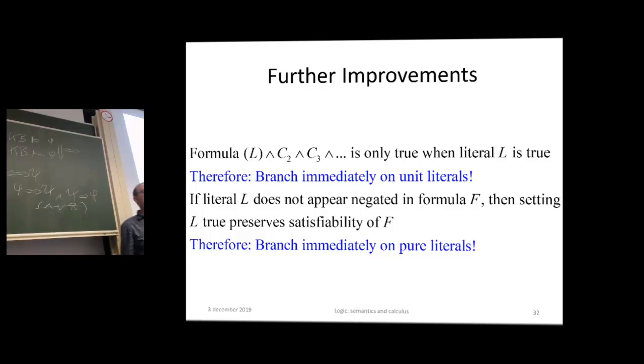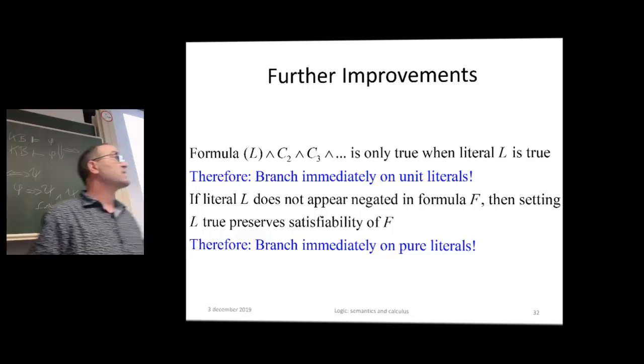So if I know that in one of my constraints it says not B, then I would be stupid to choose the value B, because obviously B has to be false, because I don't have any conjuncts left. And the other thing is, if there is one variable that occurs only negated or only non-negated, I can only make the choice of choosing either of them and change the thing.